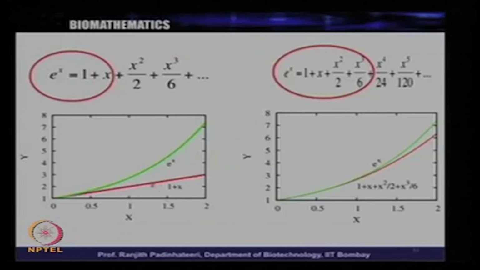In the left side we have the approximation with 2 terms, 1 plus x, and in the right we have the approximation with 4 terms, 1 plus x square by 2 plus x cube by 6. And you can see that the right side is much better than what you see on the left side.